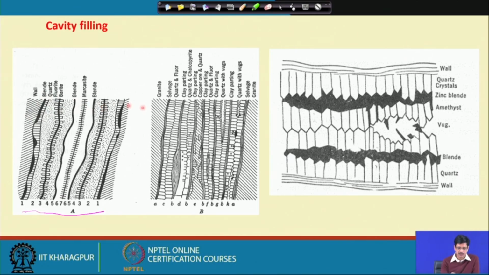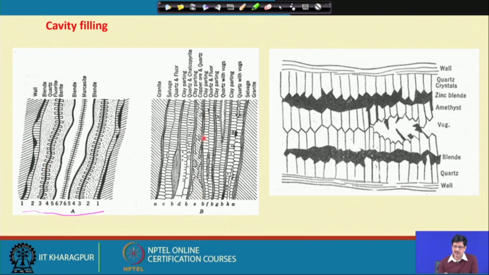Likewise, there is a symmetry on either side of this centrally placed deposit. This generally happens with gradual opening of the fracture and deposition of minerals in this particular sequence.